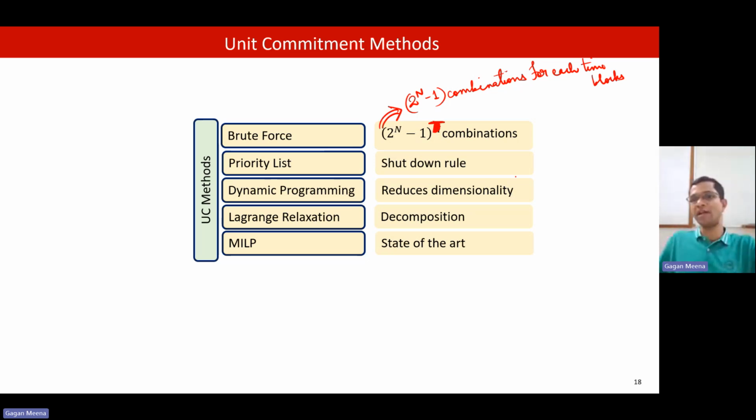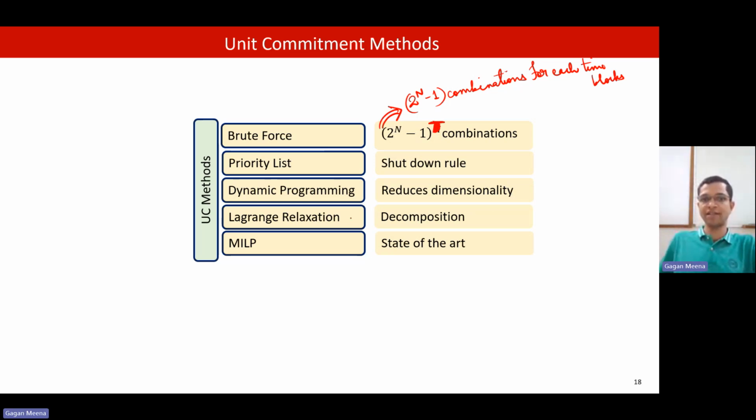So t will be 96 for 96 time blocks. Very huge number of combinations. So dynamic programming reduces the dimensionality of the problem. Here we can consider only strict priority rule order. We will see in the next slide.